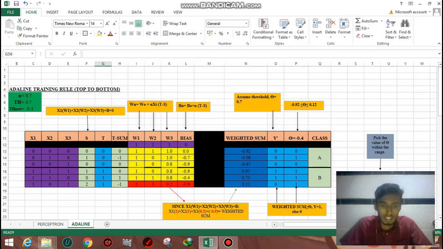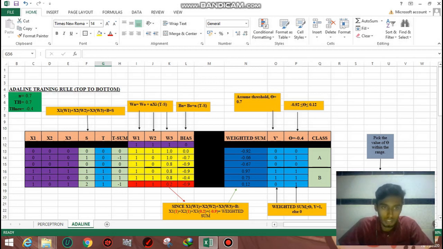We set the target 0 for class A, and for B it is all 1. And then we set the learning rate to 0.7. We use a random value for the initial starting value, like W1 is 1, W2 1, W3 1, and bias is 0.